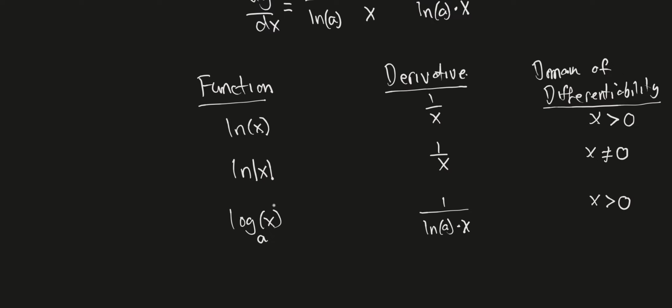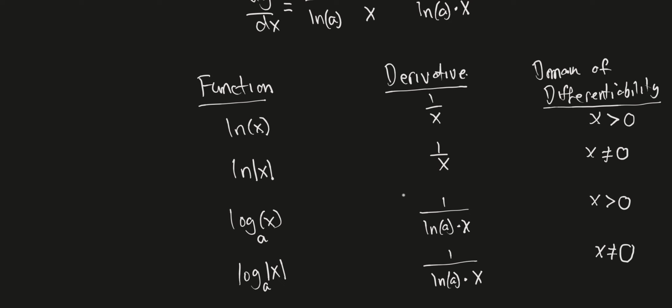And if we put absolute values around it, this is also its derivative, 1 over the natural log of a times x, and this one is valid for all values of x not equal to 0.